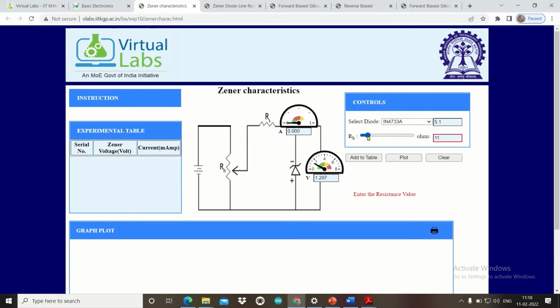We will enter this resistance value, we will add to the table. You can see as we change the resistance value, the voltage across the Zener changes in the experimental table. So we will go like this. We keep on changing the values. You can see now we have reached 5.1 volt. That is the breakdown.